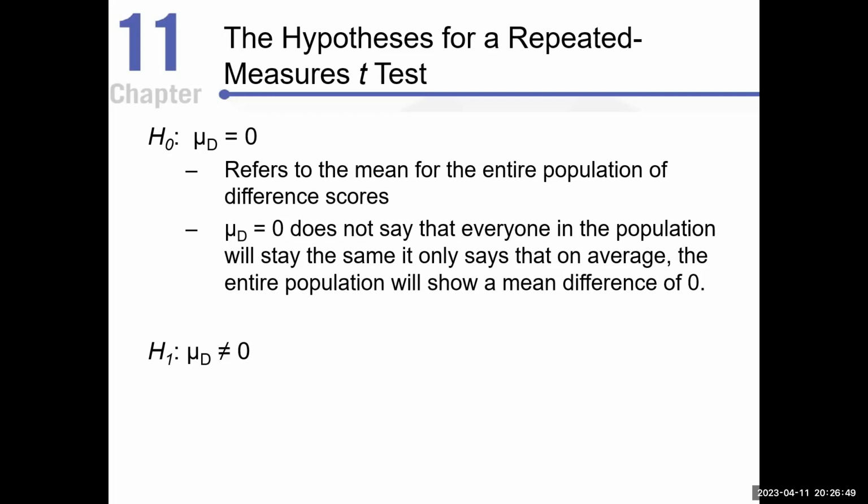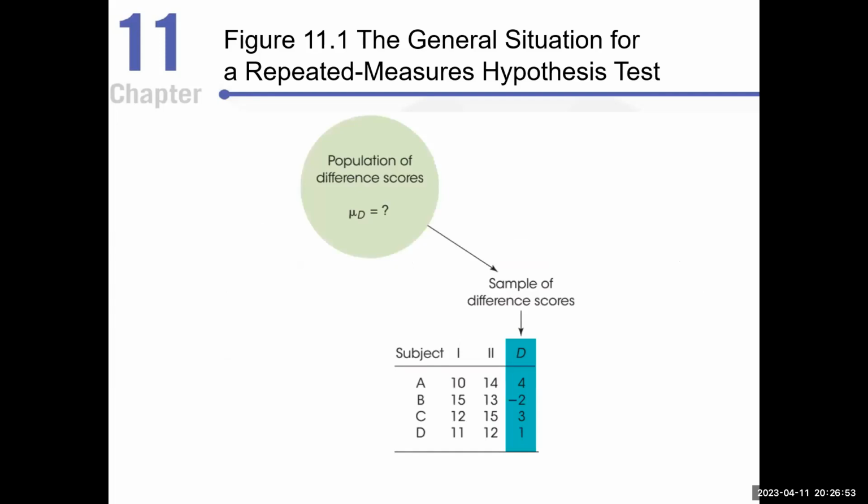And we'll talk through an example, and I'll show you how that works. Here's an example. Again, we took a sample of 4 individuals from the population. In our sample, we see the difference scores here in this green column: 4, -2, 3, and 1. So the sum of those differences is 6.